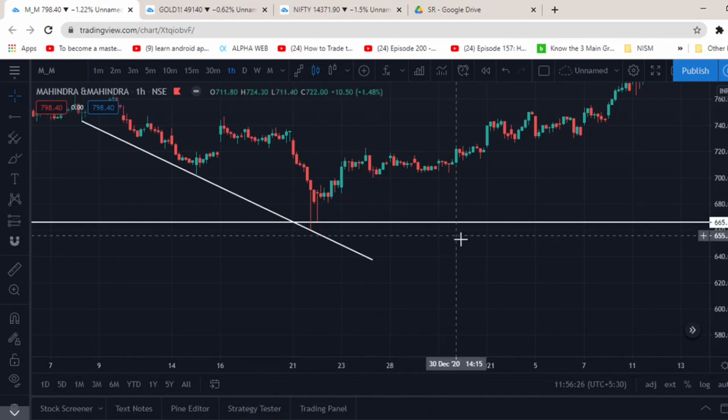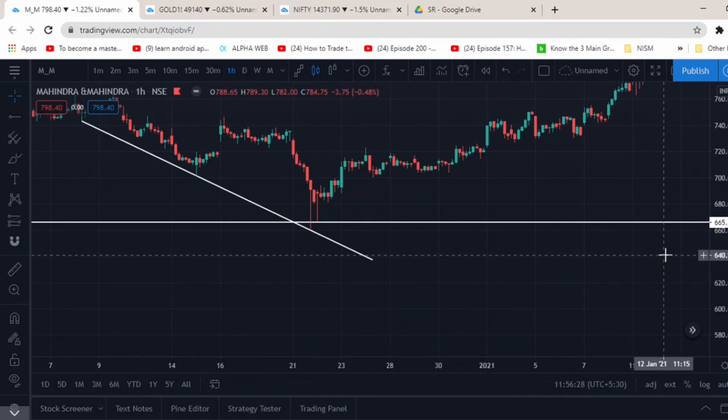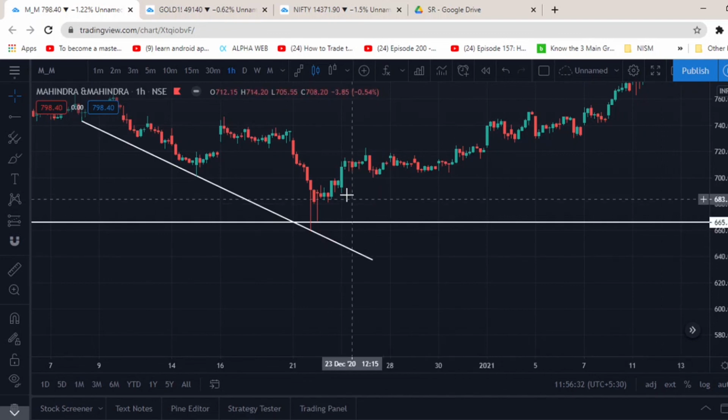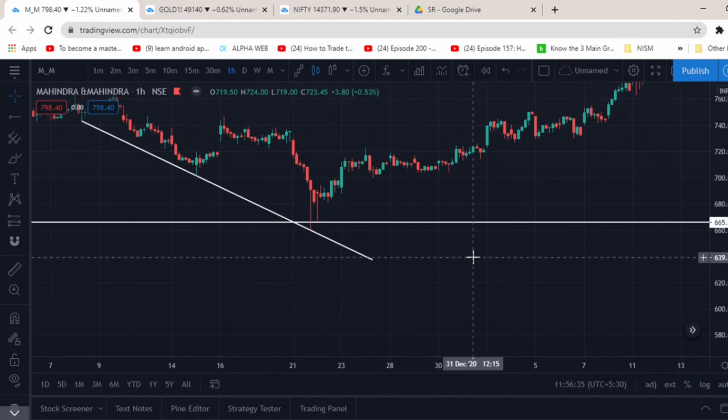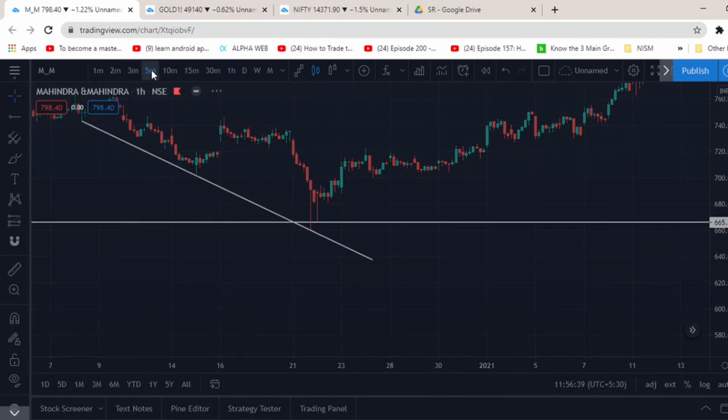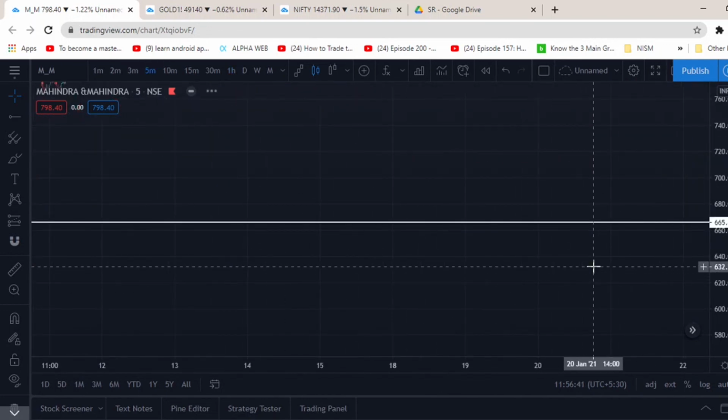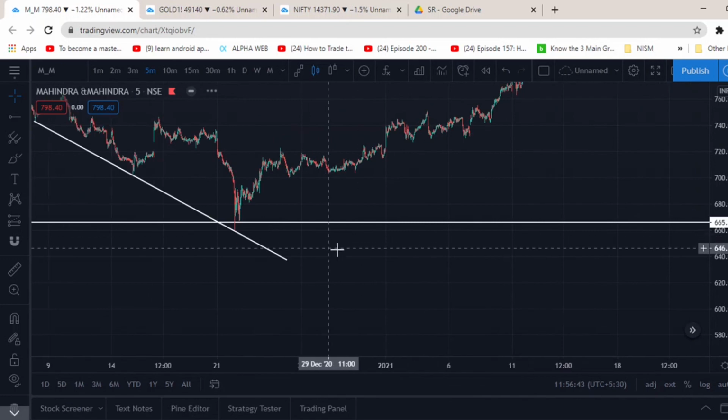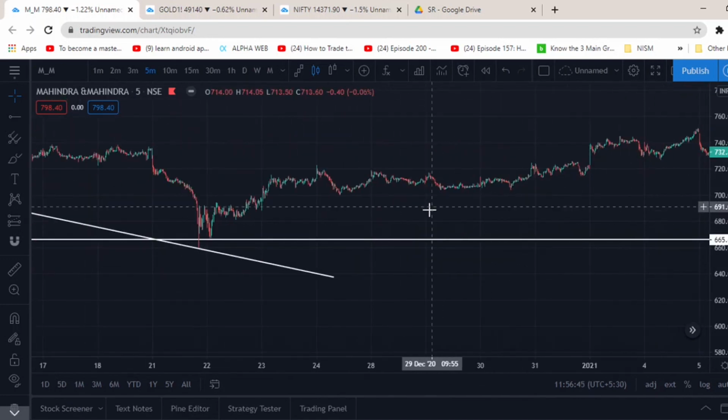This is one possibility. In the other possibility, we can move to a lower time frame to identify the swing and enter the trade.